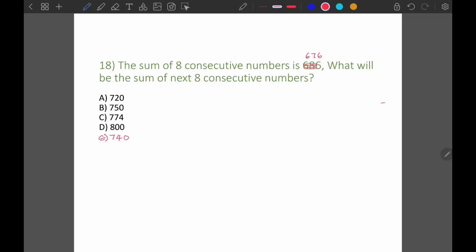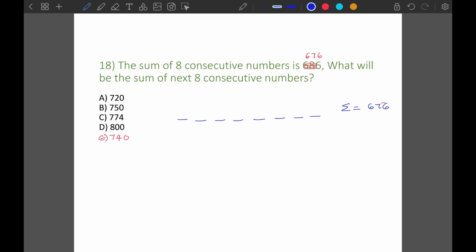Okay, let us try this question. It is said that the sum of 8 consecutive numbers is 676. Their sum is equal to 676. What will be the sum of the next 8 consecutive numbers? What does this mean?